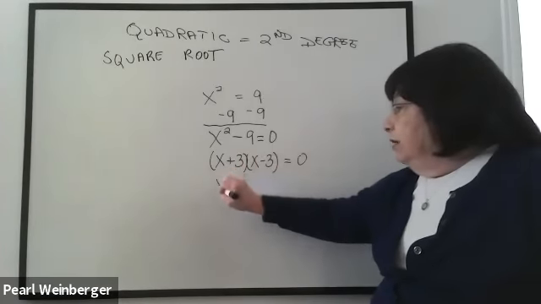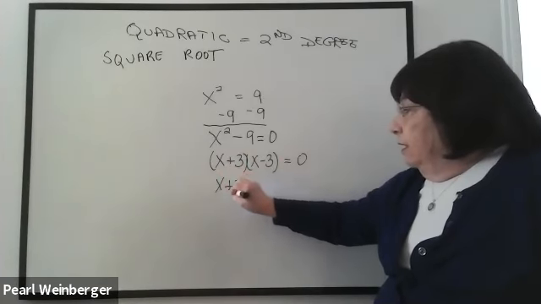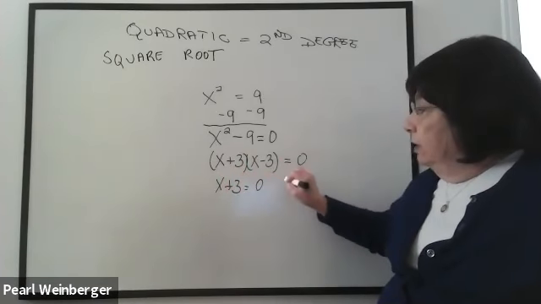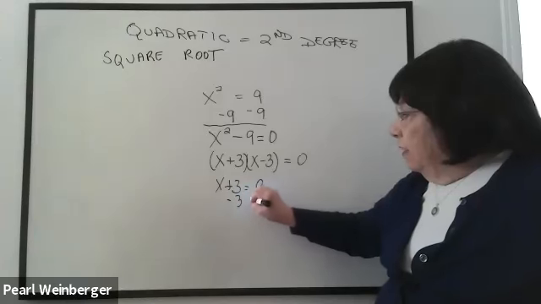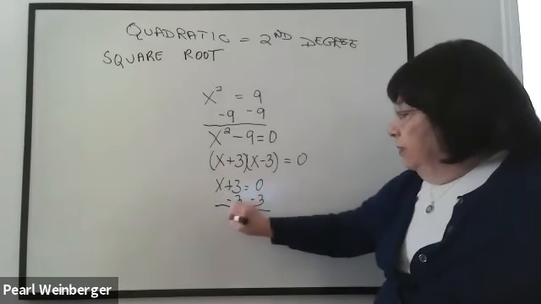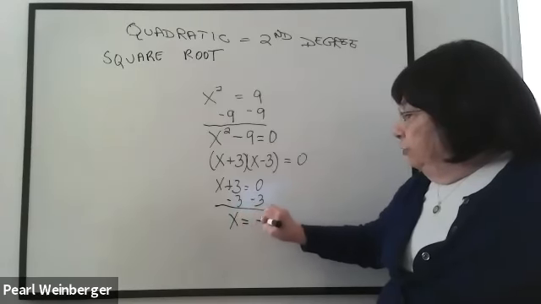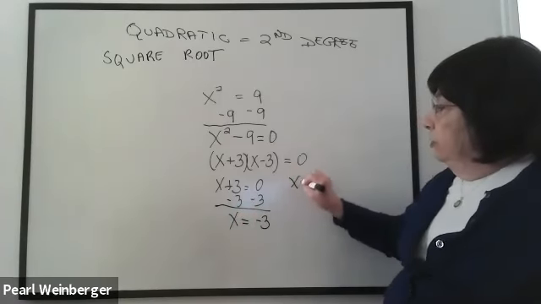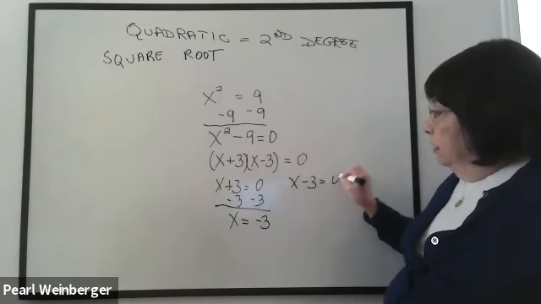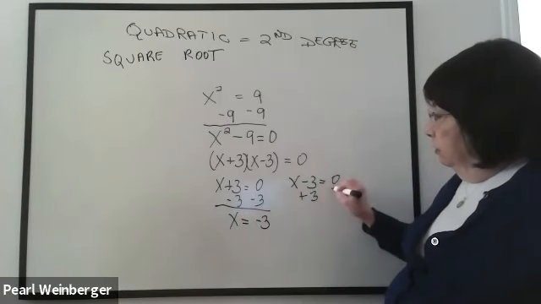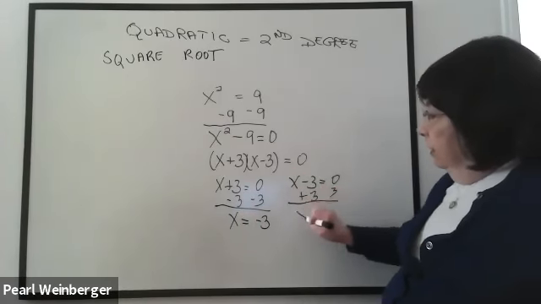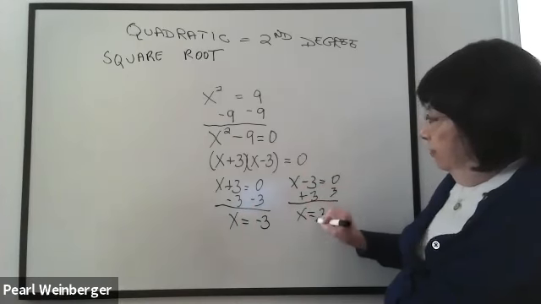And then I do x plus 3 equal to 0, which gives me x equals negative 3. And I also do x minus 3 equal to 0. And that gives me x equals 3.